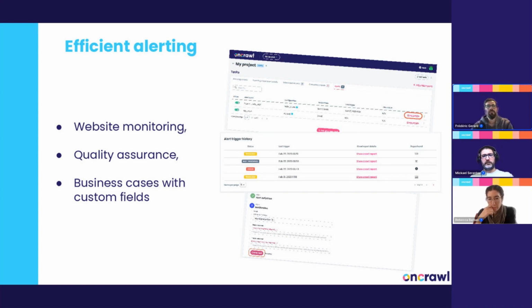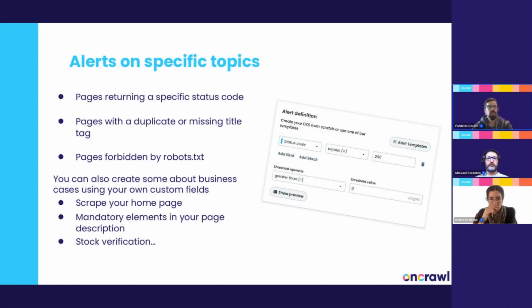This feature allows you to create alerts on all the fields reported by the crawler. So you have straightforward elements like pages returning a given status code. You have pages with noindex or with unexpected title text. You have pages with a duplicate or missing title tag. So don't hesitate, make all the alerts you want.